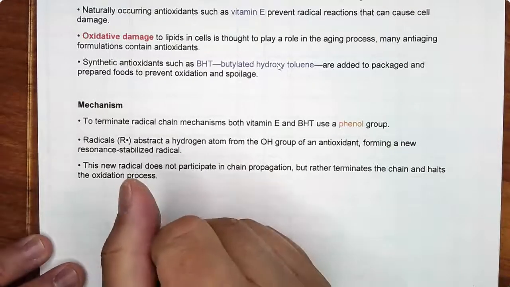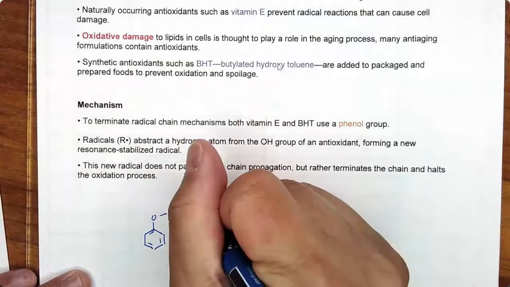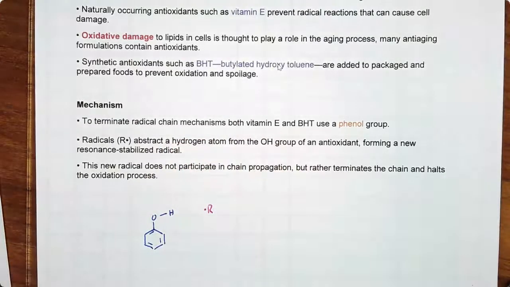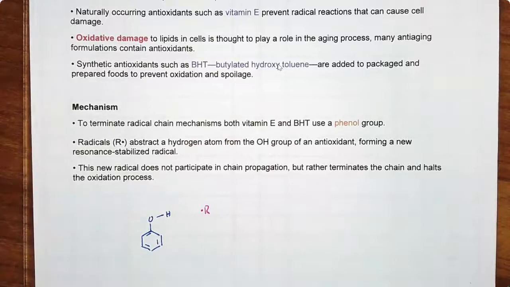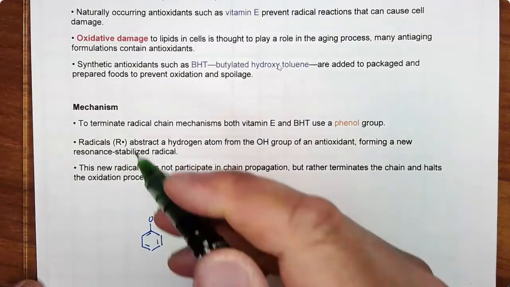The phenol group looks like this again. Let's say we have a free radical in the body. We can just represent that with an R, like that. And the antioxidant's job is to prevent this from participating in any propagation steps that could be damaging to tissues. And you know the mechanism.